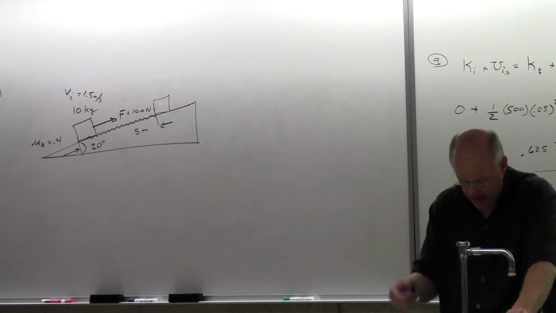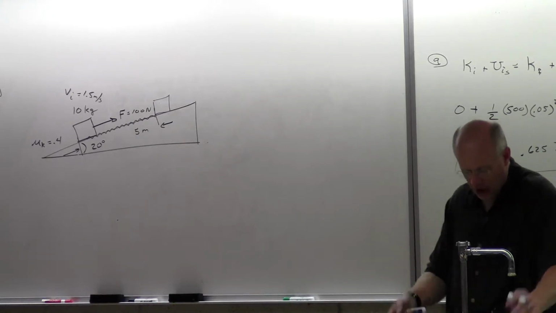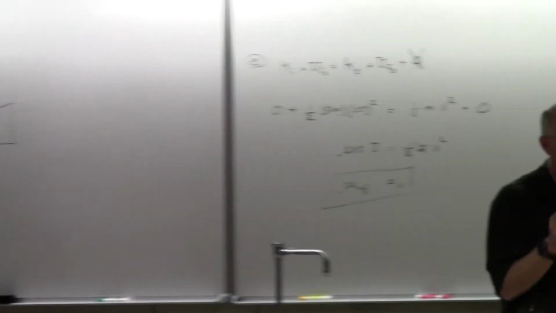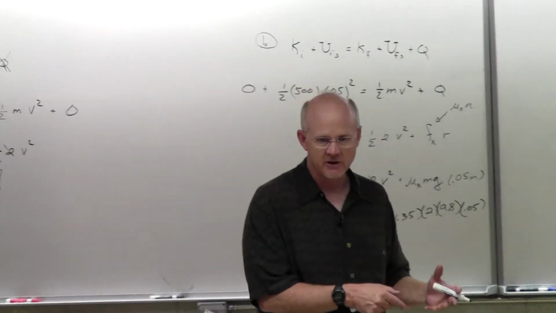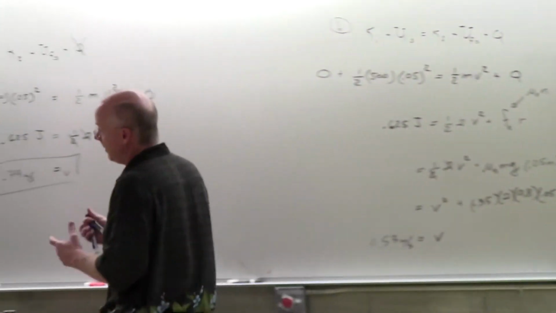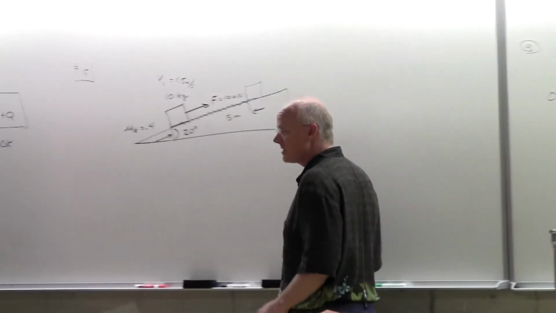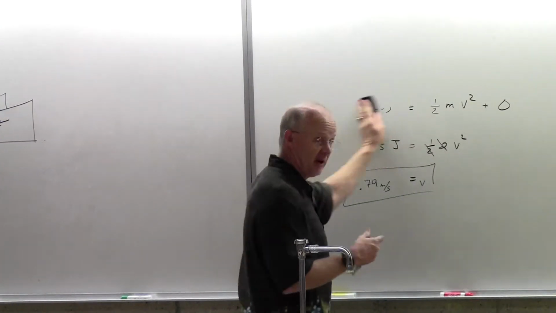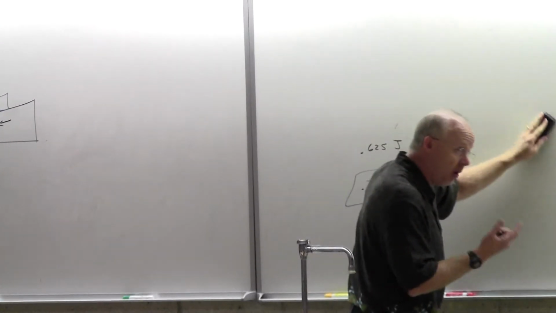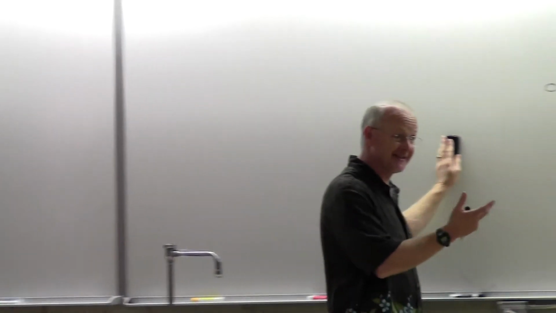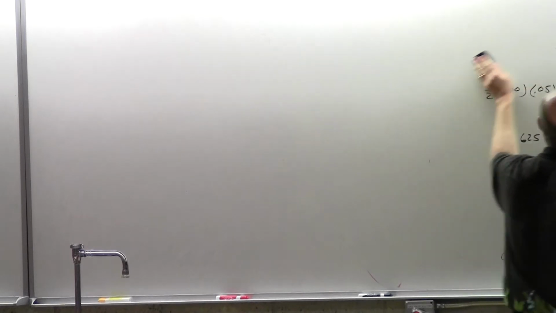And then finally E, which is probably the main point here, what is the speed of the crate after you pulled it these 5 meters? Okay, and that's really the idea that they're after. What is the speed of this? Will the crate still be going 1.5? Will it be going more than 1.5? Will it be going less than 1.5?